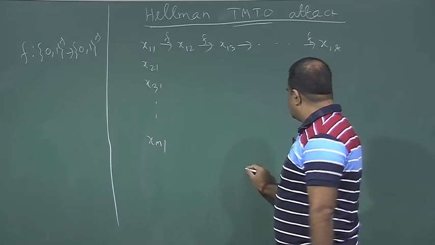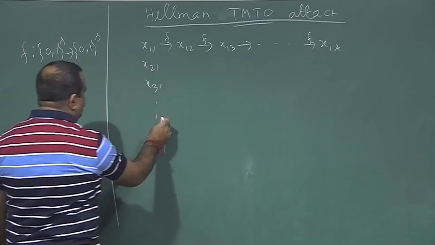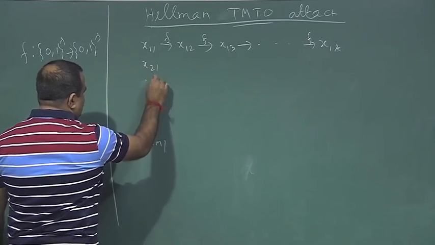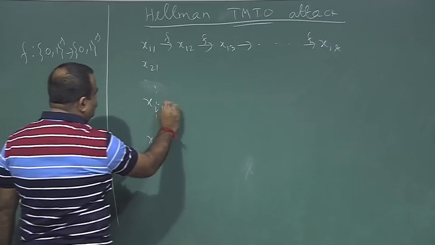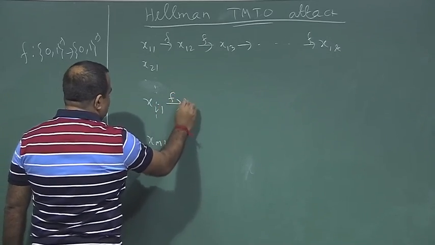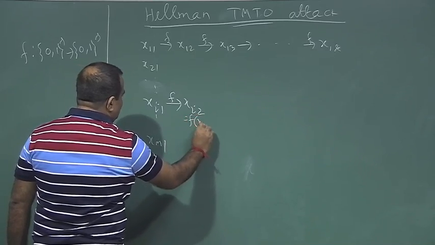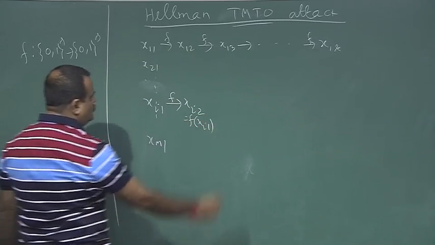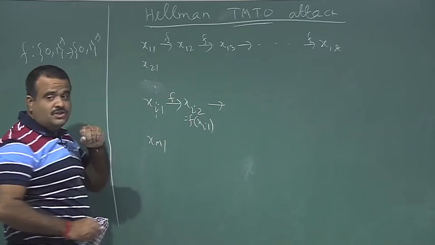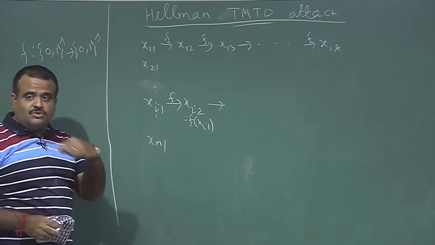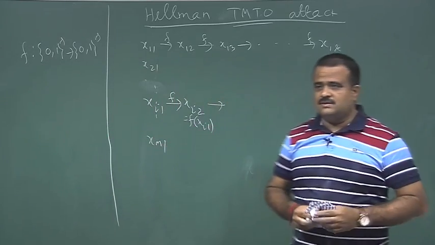So, for the ith row, if we have x i 1 and apply f on it, this is f of x i 1, which is again an s bit number. That is why we need the domain and codomain to be the same, because we want to repeatedly apply f on these numbers.